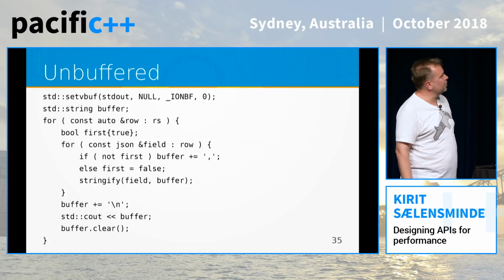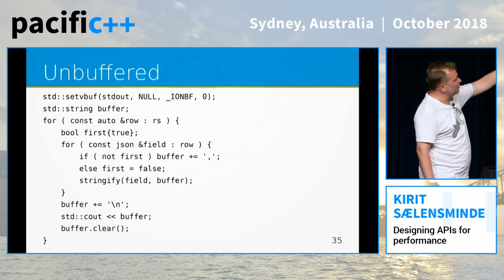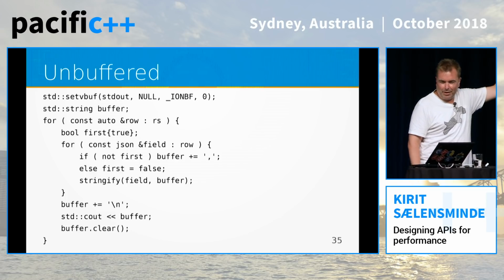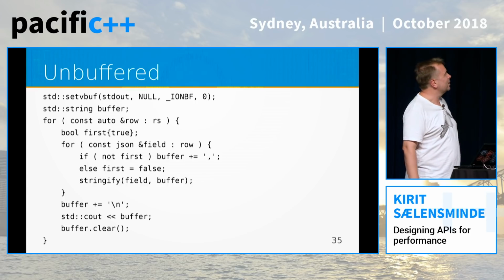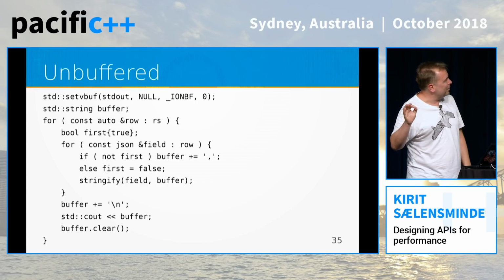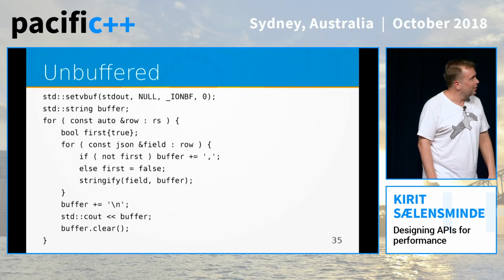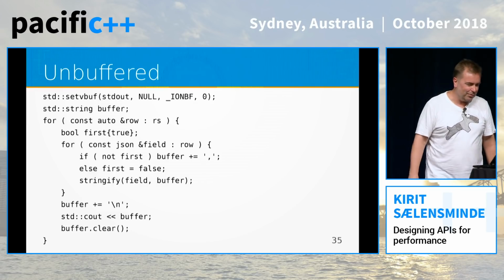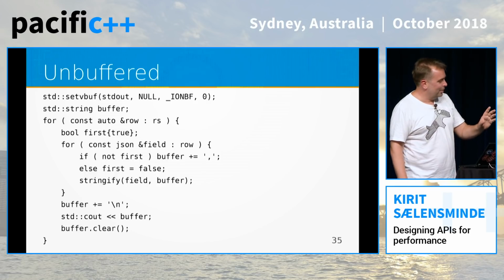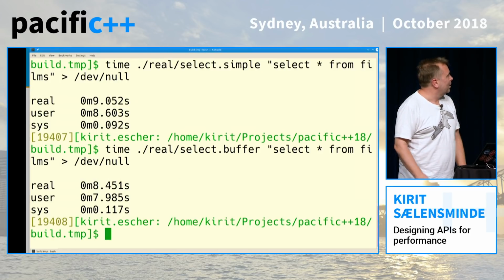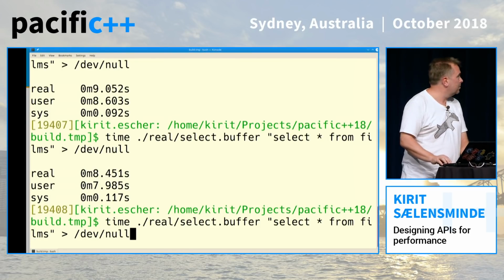So we're going to run something like this. This first line looks like some POSIX nightmare, but apparently is standard C++. That is the official way of turning off output buffering on standard out. I know because it was on cppreference. Okay, so we can run this unbuffered.